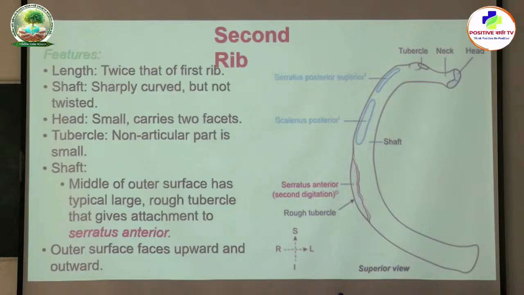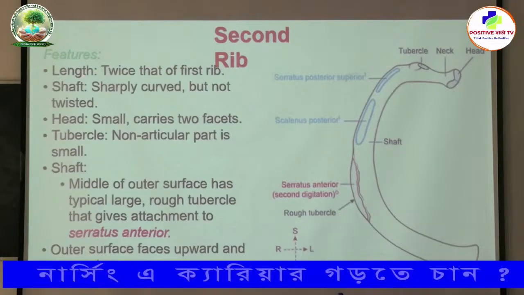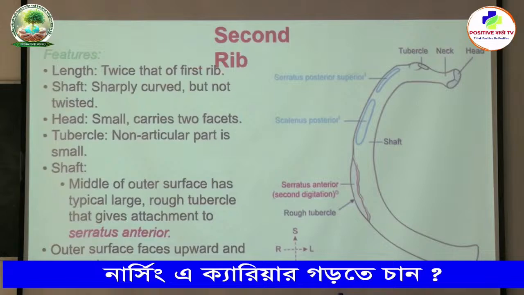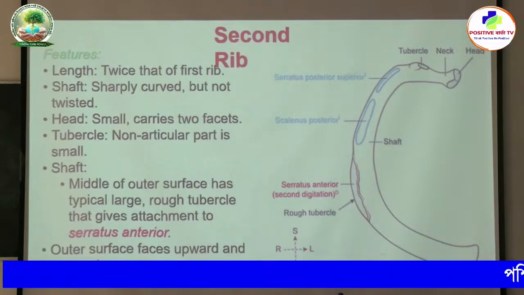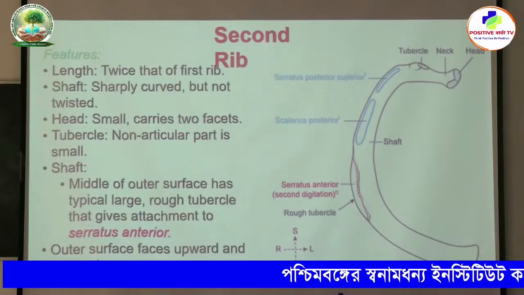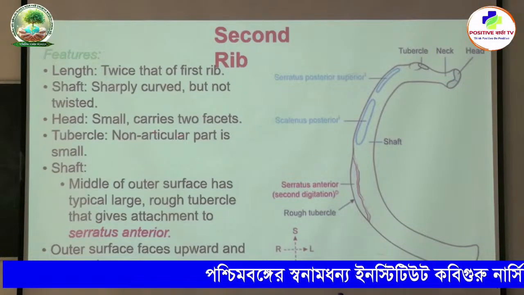Next we go to the second rib. Its length is twice that of the first rib. Here is the second rib. The shaft is sharply curved but not twisted. The head is small and carries two facets. This is the head carrying two facets. The tubercle has a non-articular part that is small. This is the tubercle with both articular and non-articular parts, but the non-articular part is small.